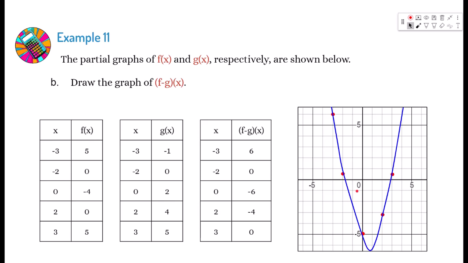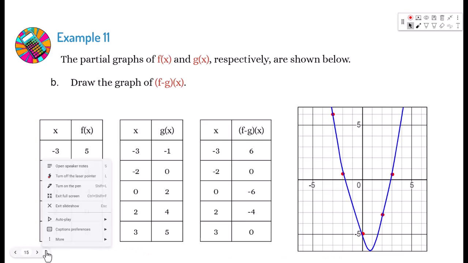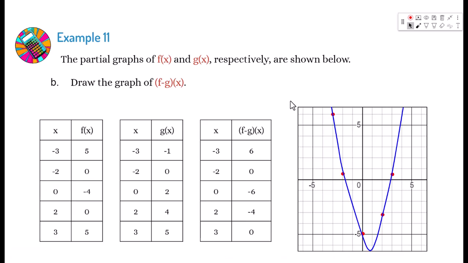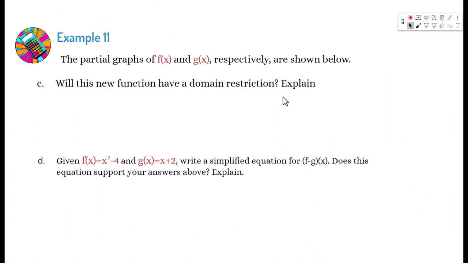And I understand that may happen, and I'm pretty lenient with that. There are situations where you should be able to recognize these points. But in this particular case, it would have been pretty difficult to figure this one out. So that's okay. We're in for the process right here. So let's turn off the laser pointer and let's keep moving.